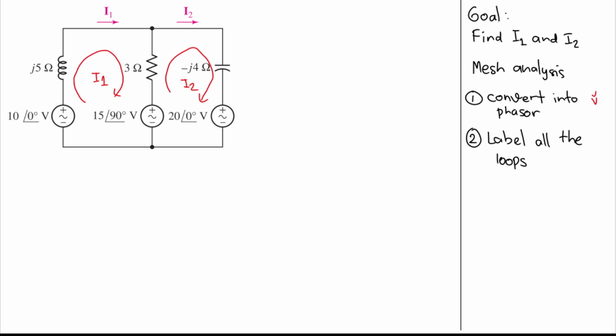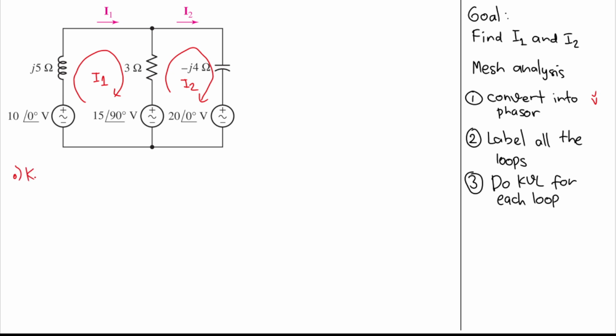And then what can we do next? We do KVL for all the loops. So the third step will be to do KVL for each loop. We have loop I1 and loop I2. First, let's do KVL at loop I1.